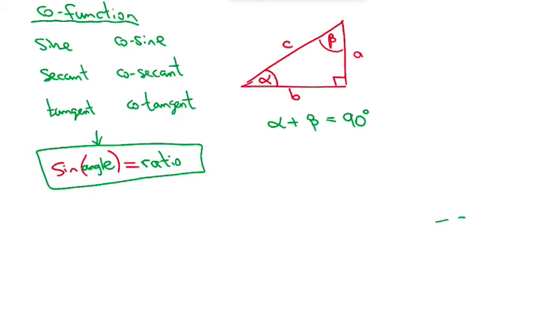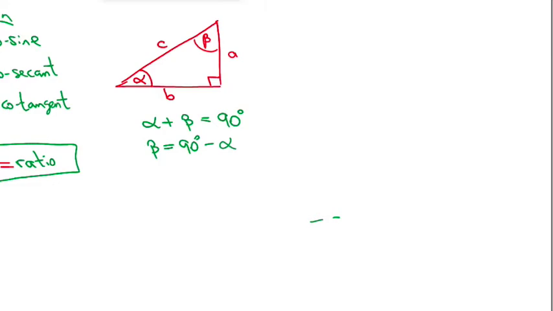All right. So also I could write this as beta is equal to 90 degrees minus alpha. That's legal, right? Yes, I just subtract alpha from both sides. Okay. So tell me this. What is the sine of alpha equal to in ratio form?